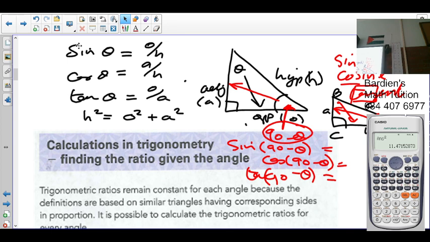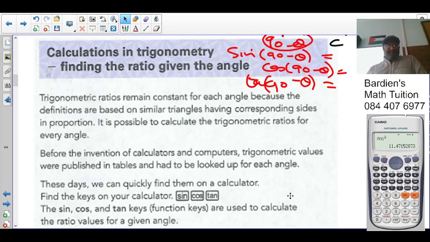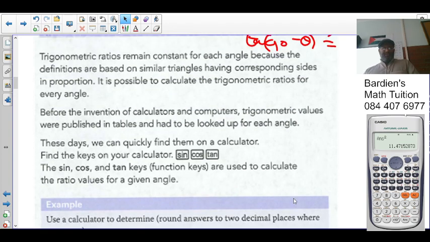Now we're going on to the examples for exercise 5. Let's read what they say here. What page is this on?